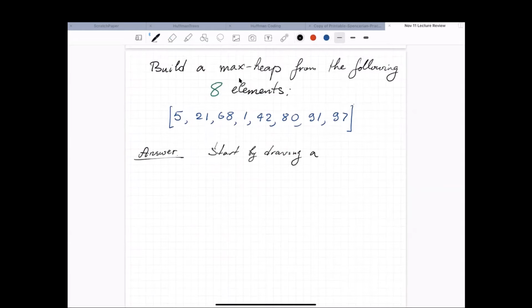Okay, so help me out. I'm going to draw a binary tree that will help me represent my complete binary tree with 8 nodes.